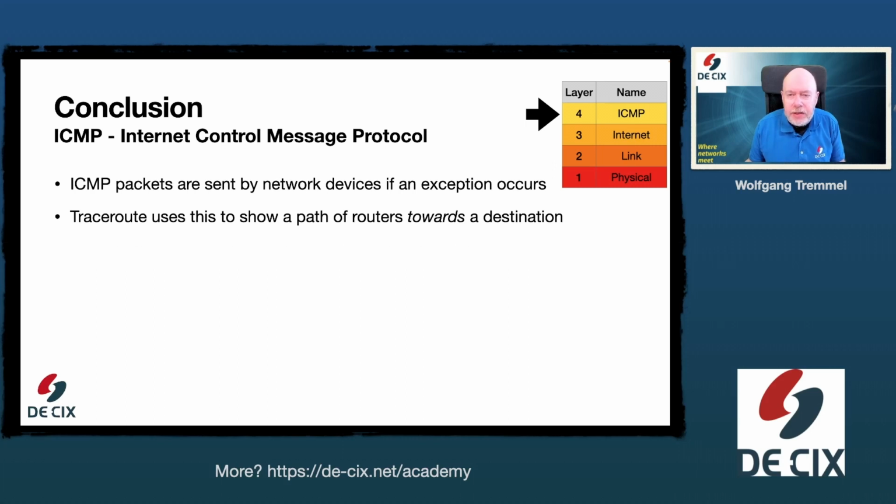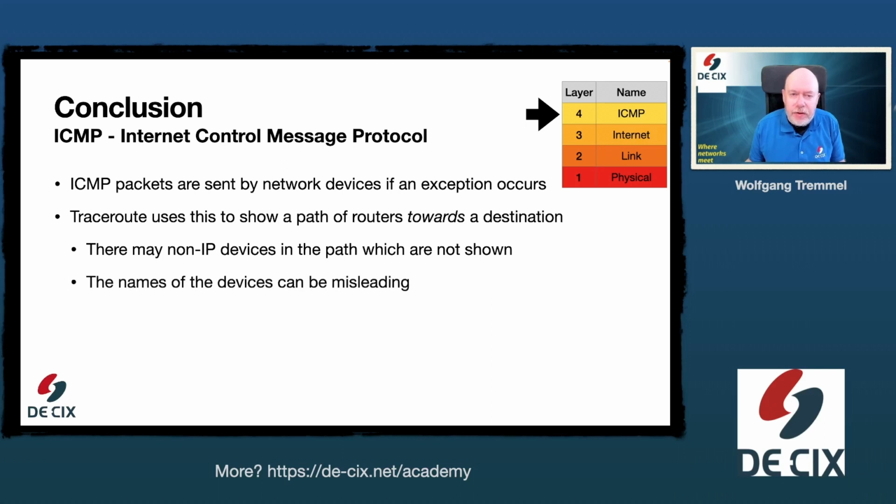Keep in mind, there may be non-IP devices in that path which are completely invisible to Traceroute. Also, if you see names reported in your Traceroute, the names of devices are simply representations of their IP address, and they might be wrong. So please also keep the names in the Traceroute, especially if a location is given, with a grain of salt.